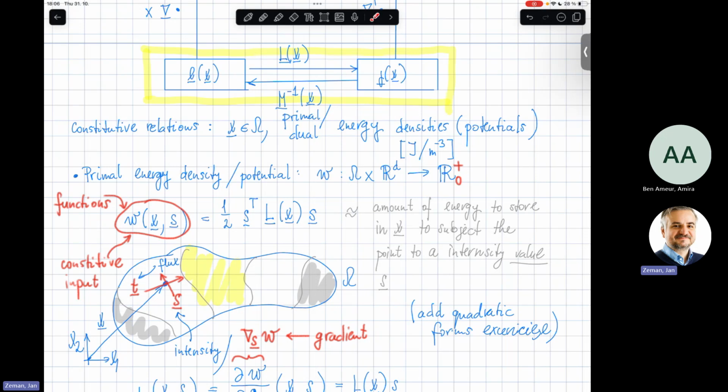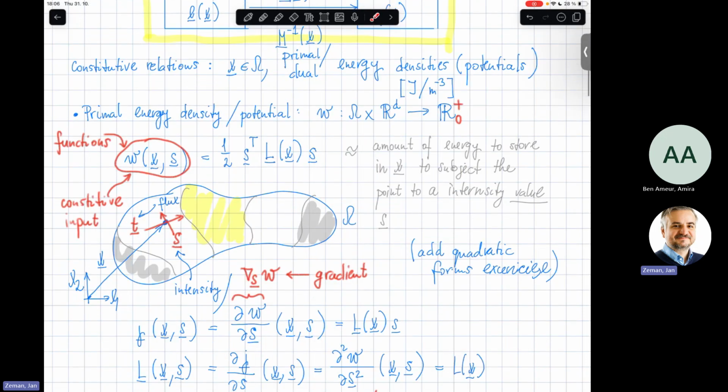It is a quadratic function of this s, and the constant in between these s's is the L matrix located in a given point. And depending on the physical problem you are concerned with, this W has a meaning of energy which is stored, an energy density. So this is something which is stored in the vicinity of your point.